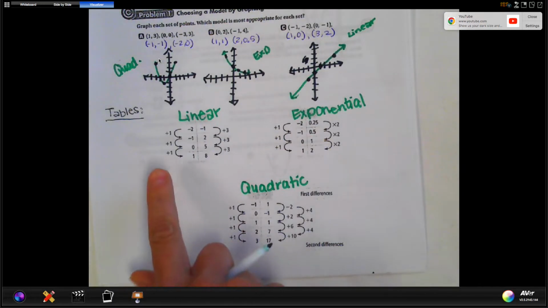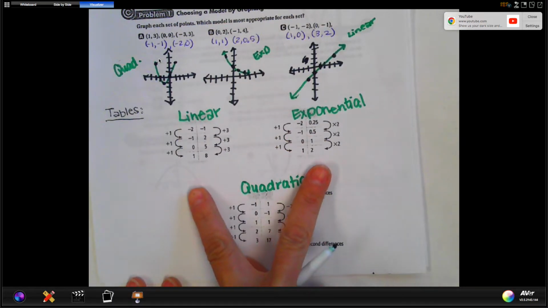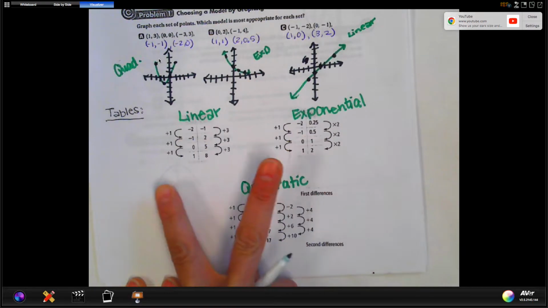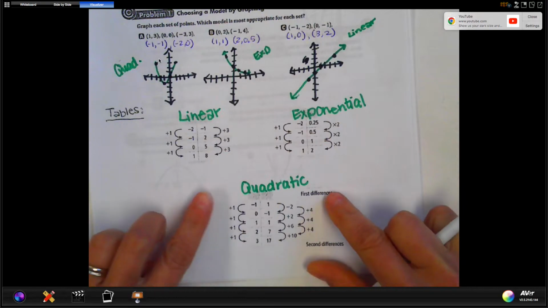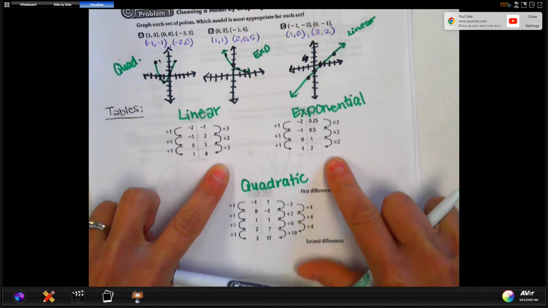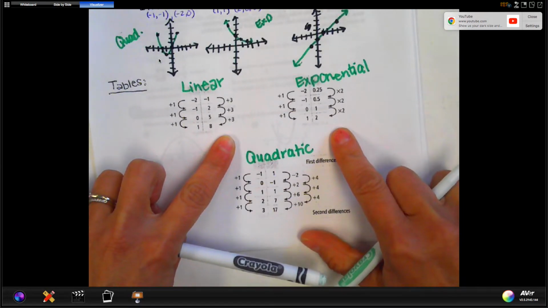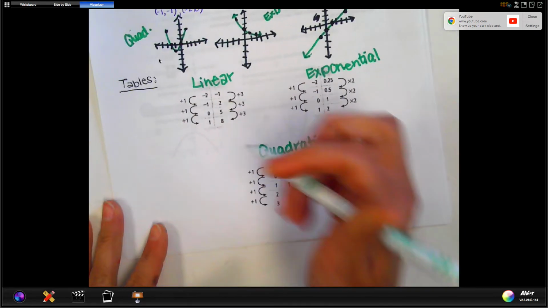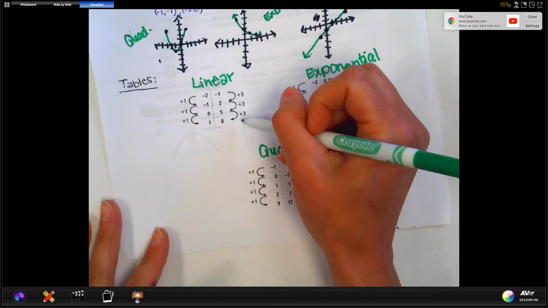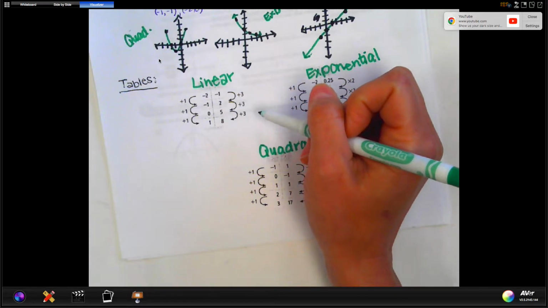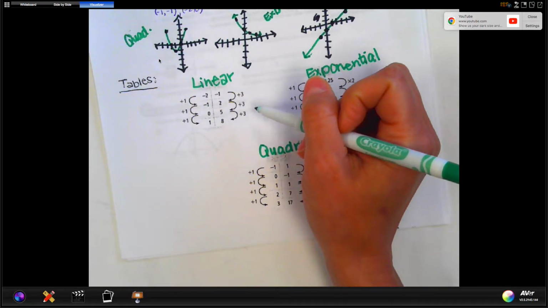So linear versus exponential. What is the major difference between those 2? Cody, go ahead. That is exactly right. So something to note is we're adding by 1 and adding by 3 in this example, but we could also subtract.